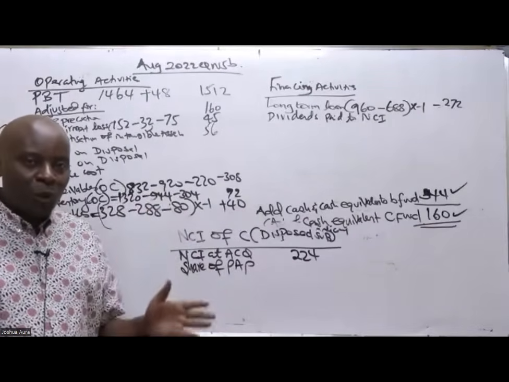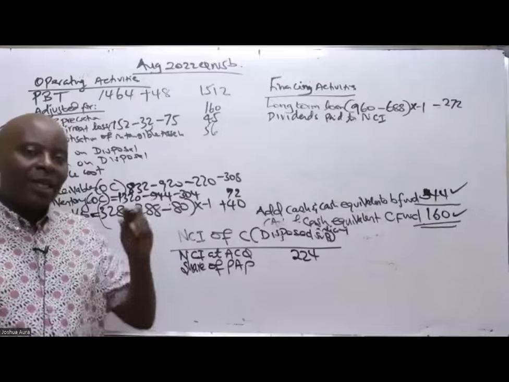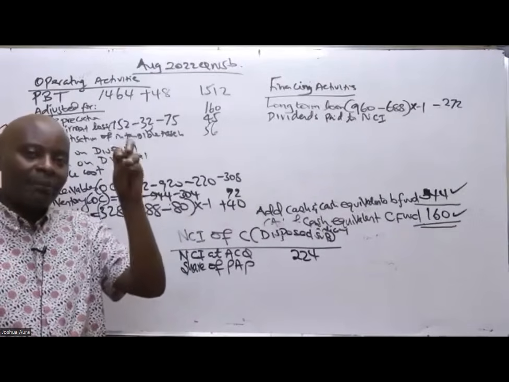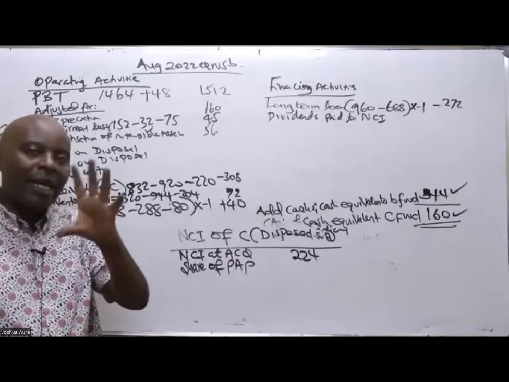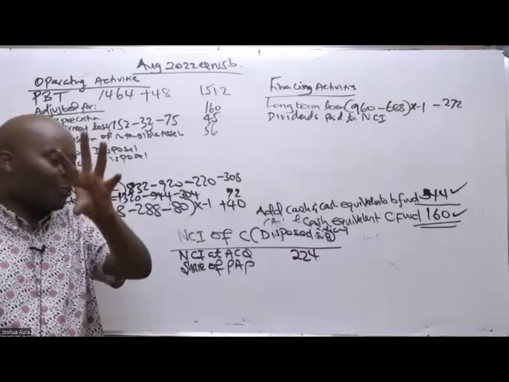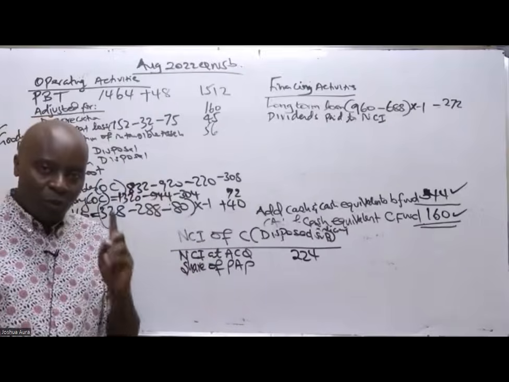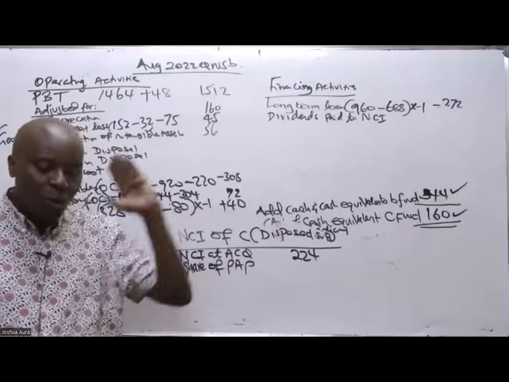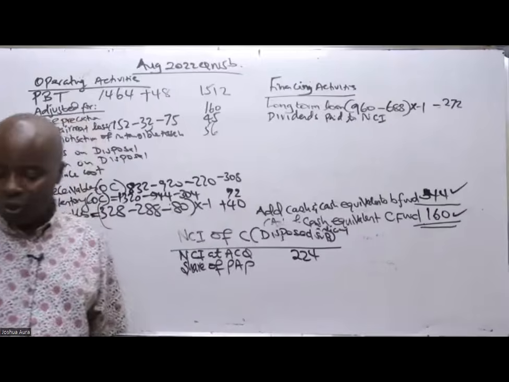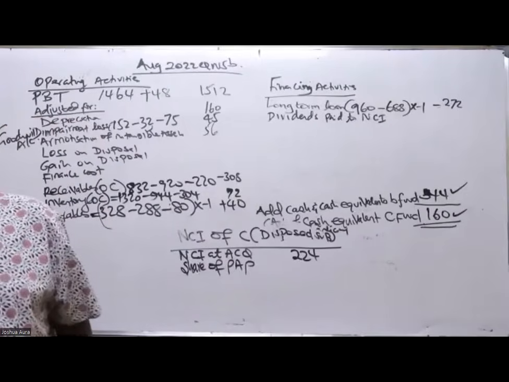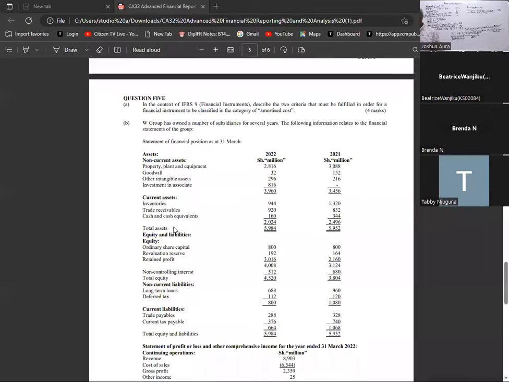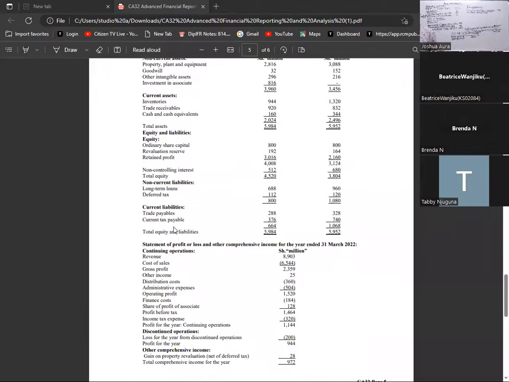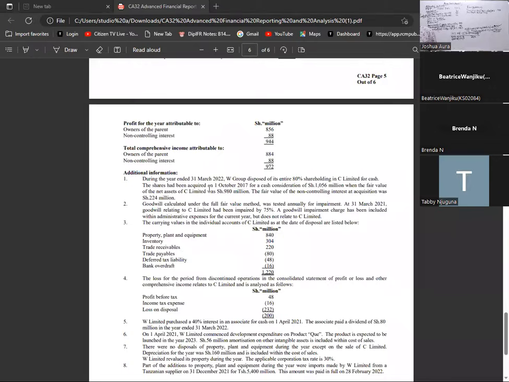How do we get post-acquisition profit? It's very easy. It is net assets of the company at acquisition, and in this case, the net assets of the company at disposal. How did this company grow with time? When we were acquiring this company, we were told that the net assets were 980.